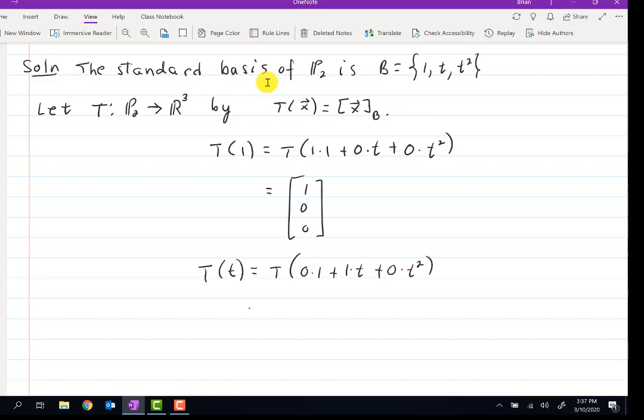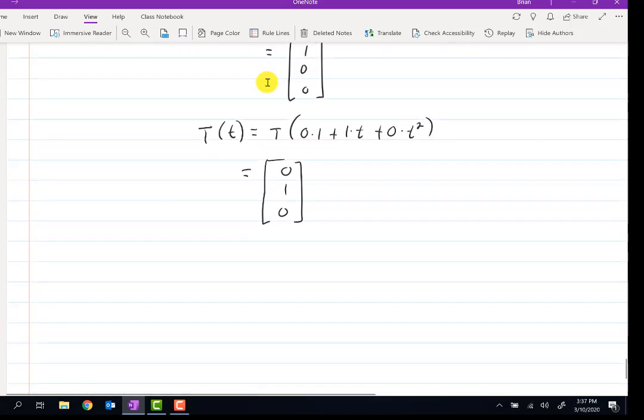So its coordinate mapping is 0, 1, 0. And finally, T of lowercase t squared is the same as T of 0 times 1 plus 0 times t plus, actually, 1 times t squared. So its coordinate mapping is 0, 0, 1.